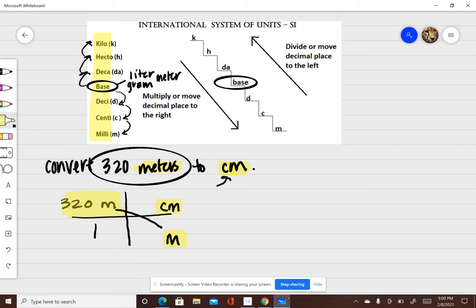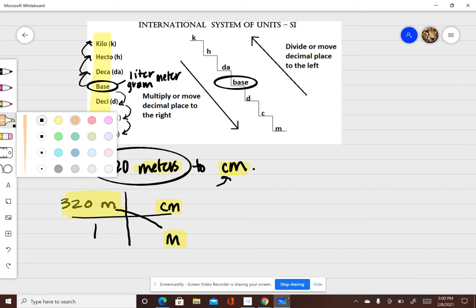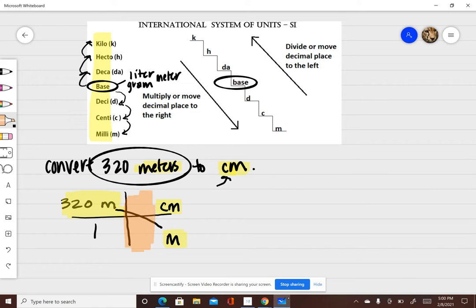Now I need to figure out what values am I going to plug in for my conversion factor here. When I'm working through this, I'm going to use my stair step in my prefix list, and I'm going to identify which unit is larger or higher up on our prefix scale for the SI system.